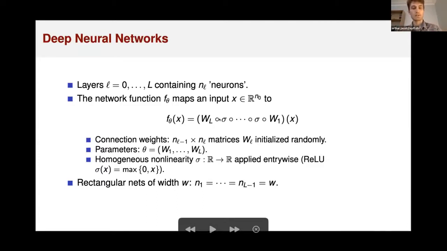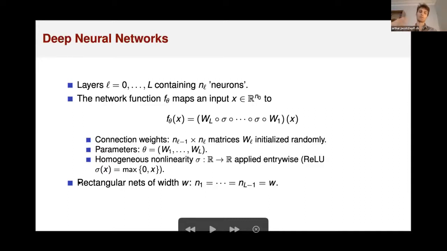Just for simplicity, I will consider neural networks without bias. In this case, the network function, the function that maps the inputs to the outputs, is just a sequential composition of weight matrices and entry-wise nonlinearity. I will call the set of parameters theta the concatenation of all of these weight matrices.